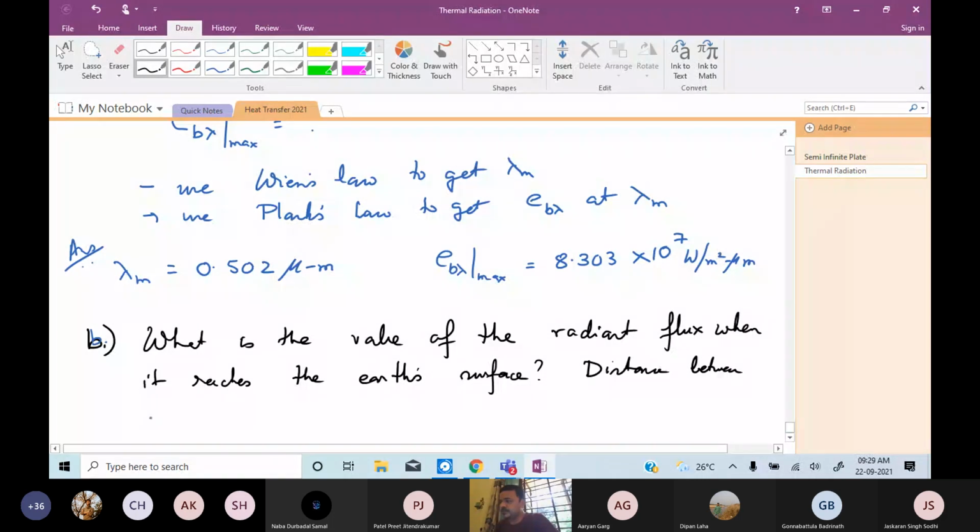Distance between Sun and Earth is 1.5 into 10 to the power 8 kilometers.